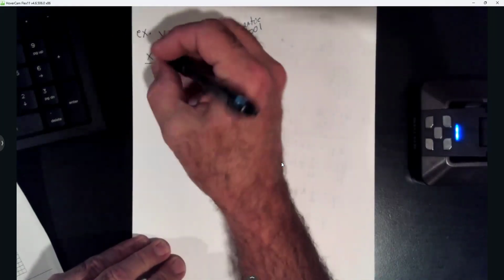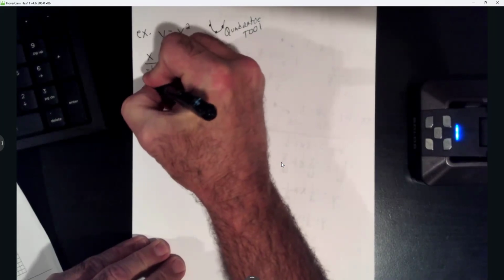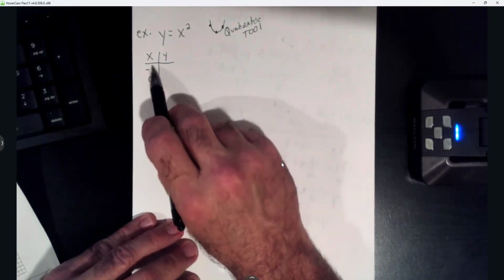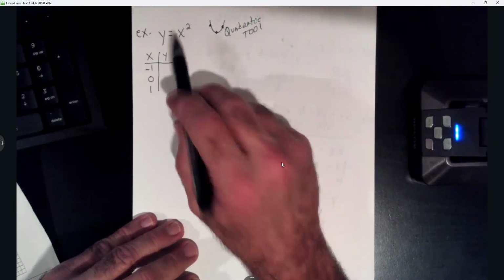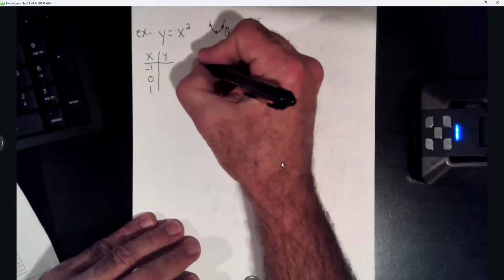So I'm going to pick three numbers that are easy to multiply. And I'm doing a -1 because I want y'all to see what happens on these x squared graphs, okay? So let's put in a -1 first.